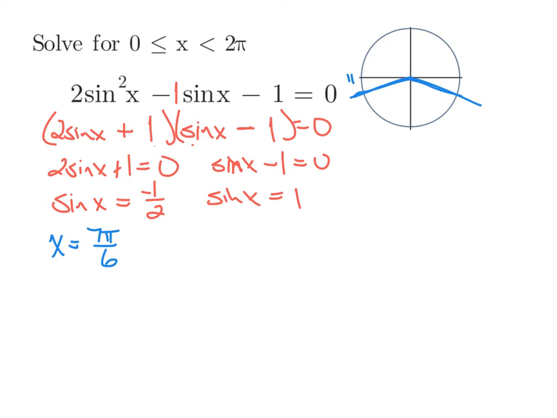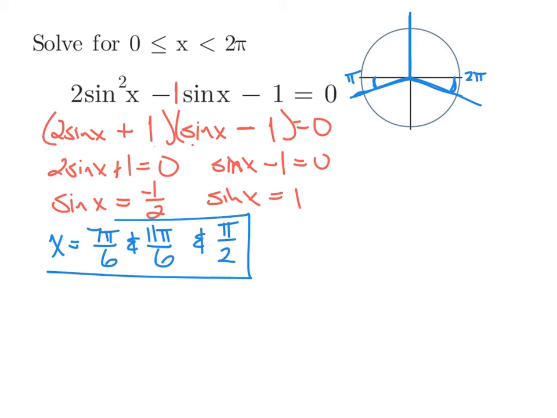That would be pi plus pi over 6. And the one in the 4th quadrant would be 2 pi minus pi over 6, so 11 pi over 6. And when is sine of x equal to 1? That's only going to be in one spot, right up here at pi over 2.